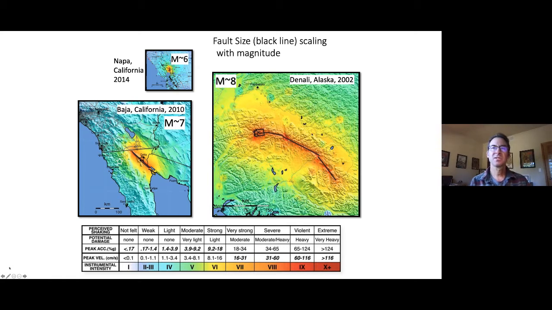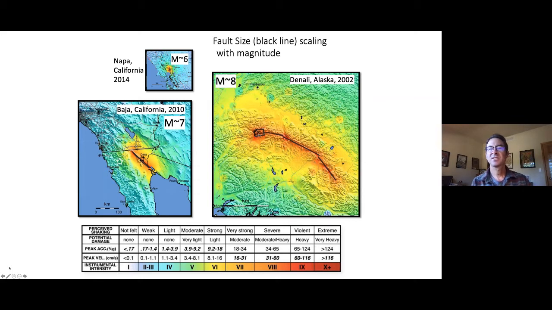And the shaking is going to be most intense along the fault length. So as you get to a larger earthquake, you're getting to a larger fault that's going to have shaking over a larger region. And it's very important to either have enough sensors to monitor that fault or to quickly determine which fault ruptured during that earthquake. This rupture could have easily gone along the Denali Fault to the west, in which case the shaking pattern would be very different.